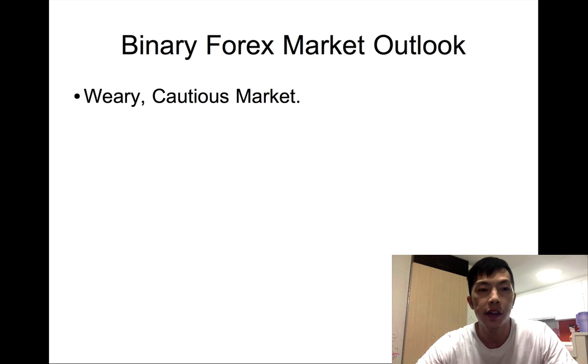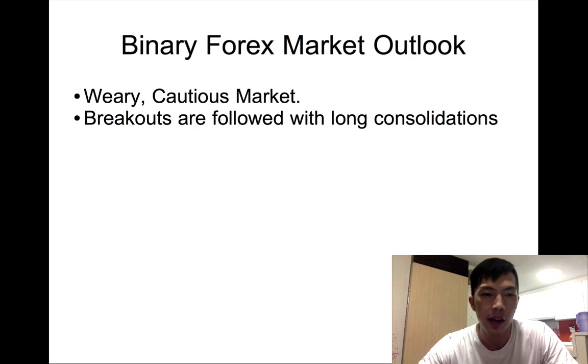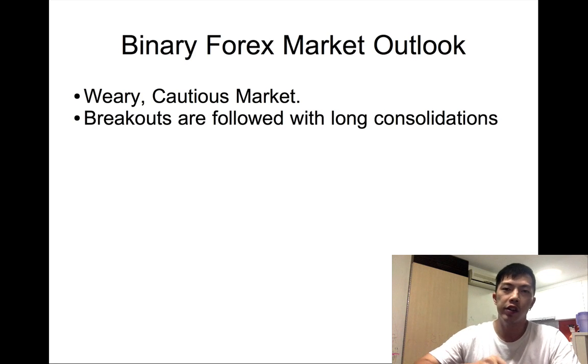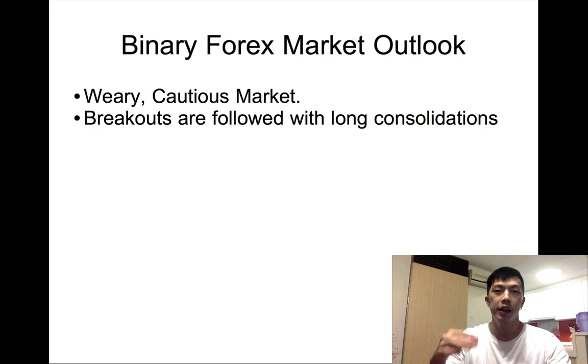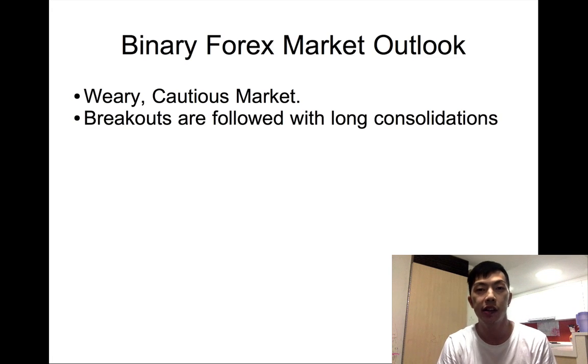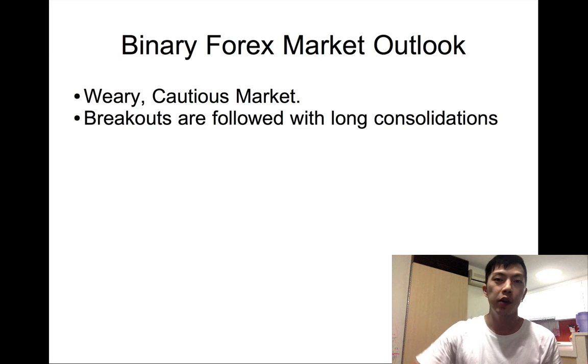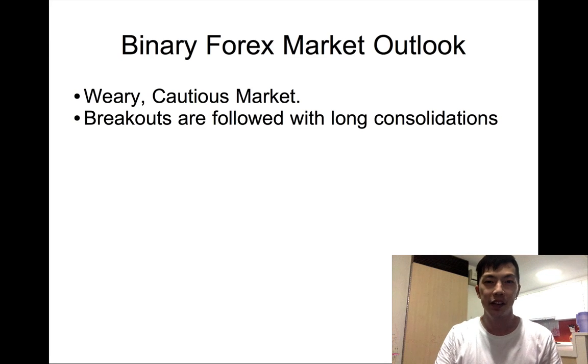What we see here is a very weary and cautious market, okay? And that's characterized by how usually when there's a very strong breakout, there would often be a nice retracement, almost instantaneous. But you notice that what goes up doesn't always go down nowadays, right?